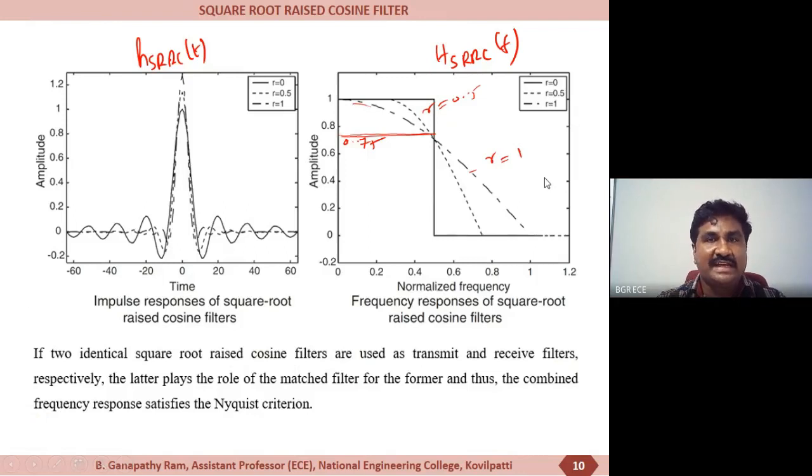In most cases, RC filters and SRRC filters are used in practical scenarios. In the next session, we shall discuss the contribution of the receive filter in eliminating the intersymbol interference.